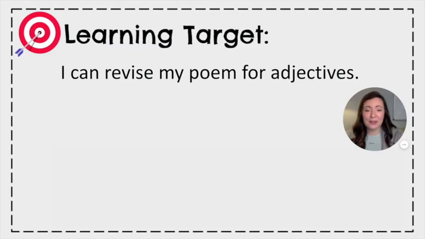Adjectives are those describing words that help us paint a picture in our mind. Today, we're going to be adding adjectives into a poem for practice. Then we'll be adding adjectives into your poem, reaching our learning target.